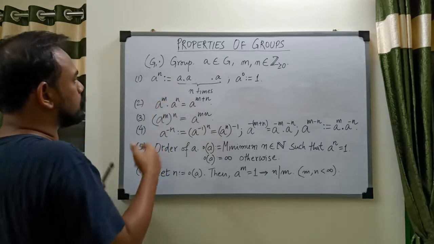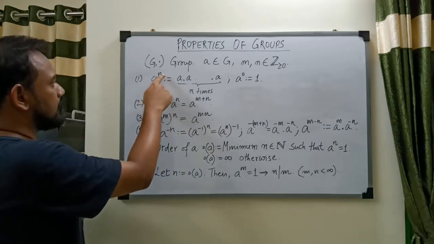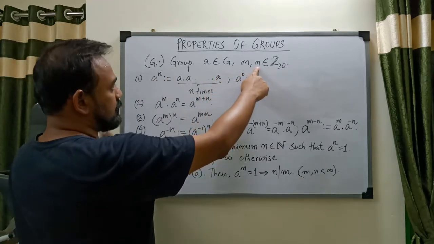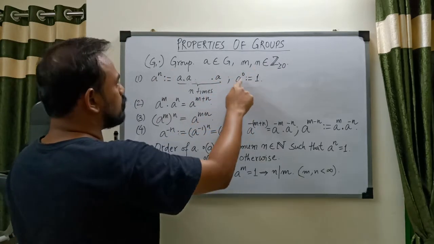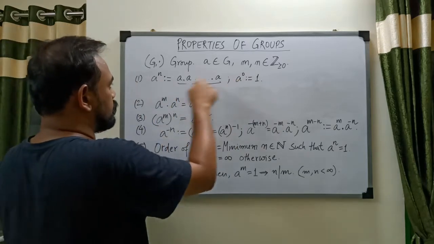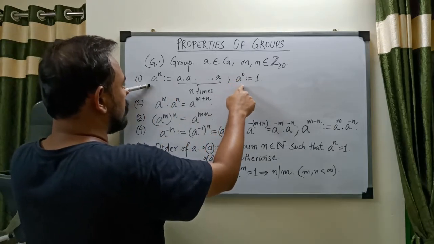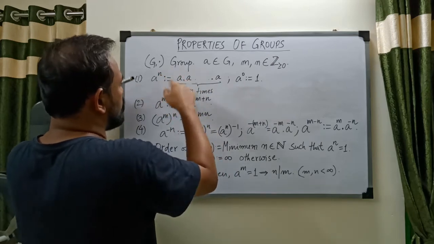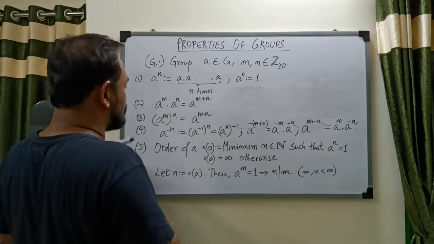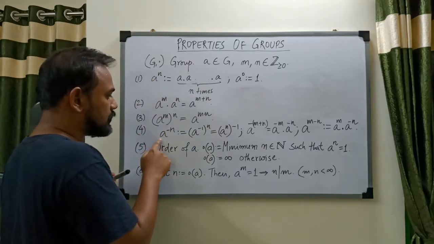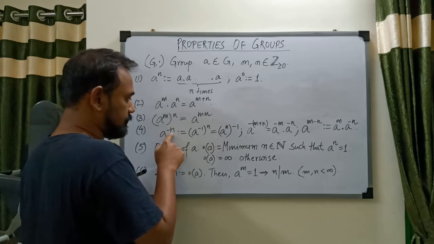Here, this was where I had defined a non-negative index, and n could be 0, as it is here. So we started with defining A raised to a non-negative index, but this is where we have just defined what A raised to a negative index would be.